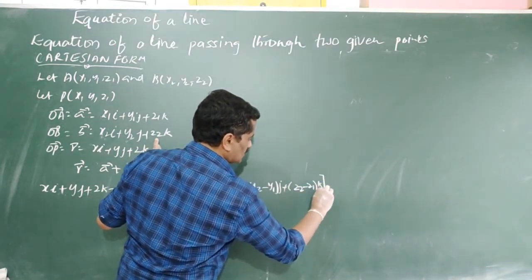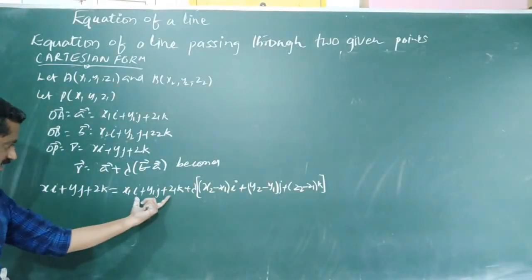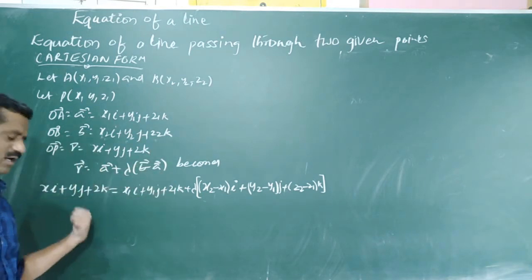Now close the bracket. Again, try to bring this vector, x1i plus y1j plus z1k, to the LHS.